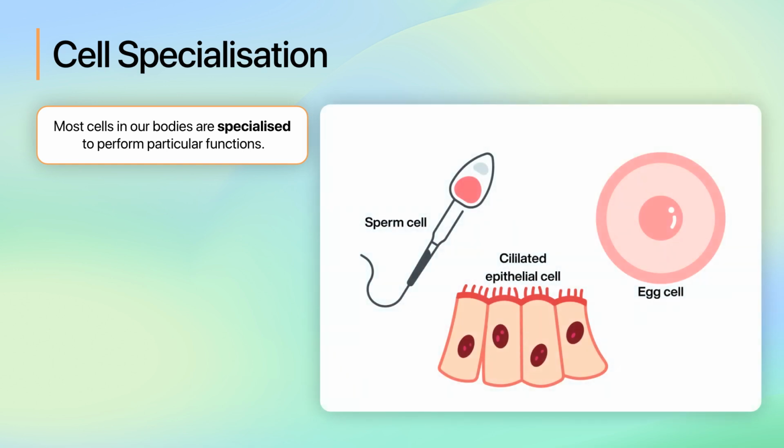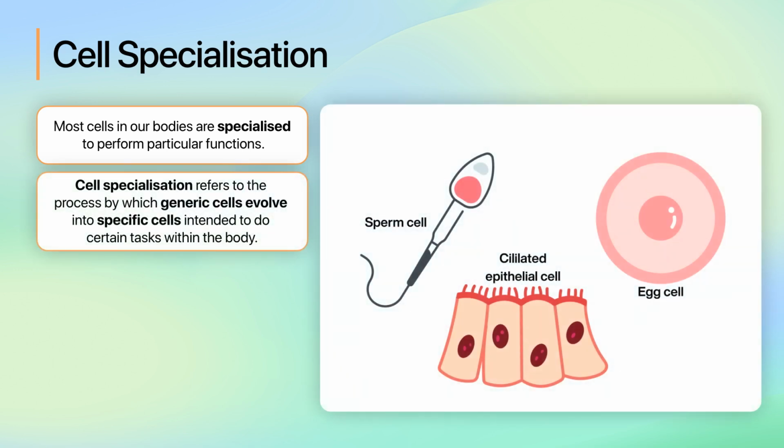To understand how complex organisms like humans function effectively, it's essential to comprehend the concept of cell specialization. Most cells in our bodies are specialized to perform particular functions, including sperm cells, egg cells, and epithelial cells. Cell specialization refers to the process by which generic cells evolve into specific cells intended to do certain tasks within the body.